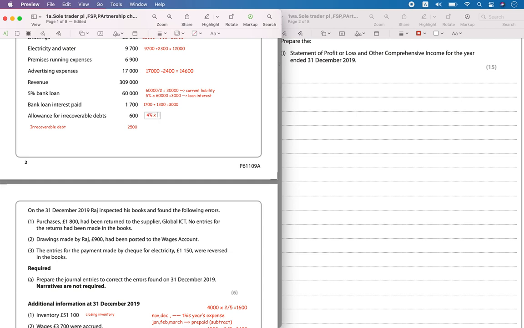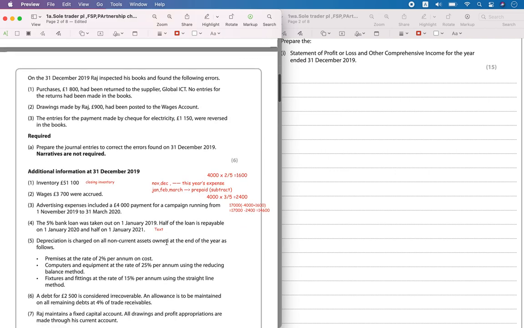They are maintaining it at 4% of trade receivables. So 4% of 35,000 is equal to 1,400. So there is an increase in allowance expense of around 800.